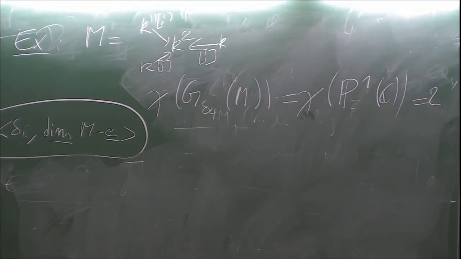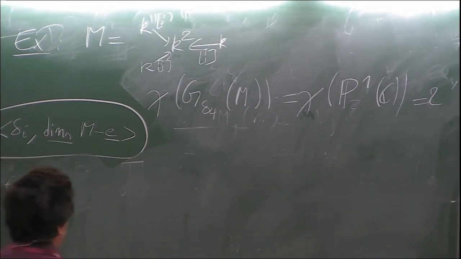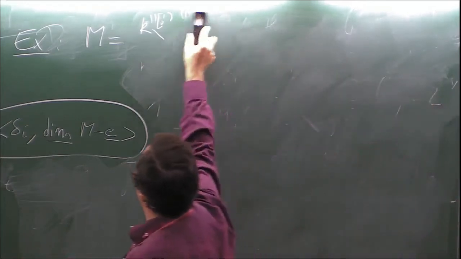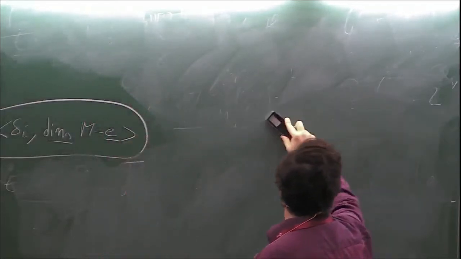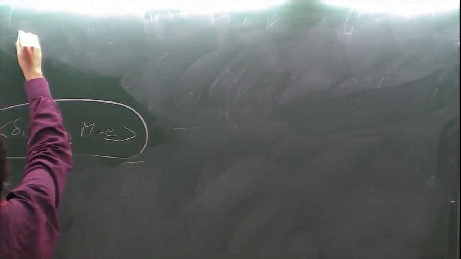I will say a bit about the Euler characteristic, the Euler form. So the Euler form is something that I defined here, but I want to give an alternative definition which is very easy, and more handy from a representation theoretical point of view.